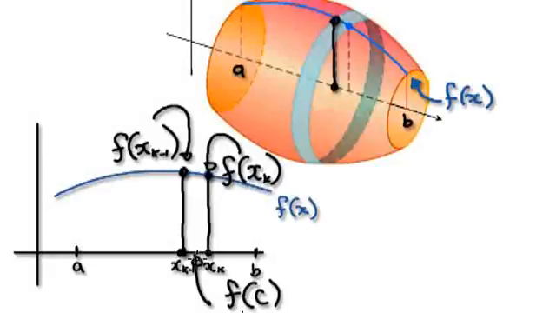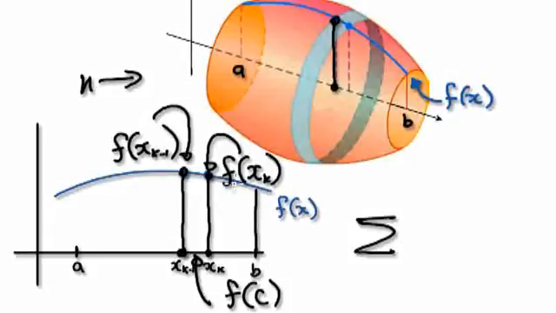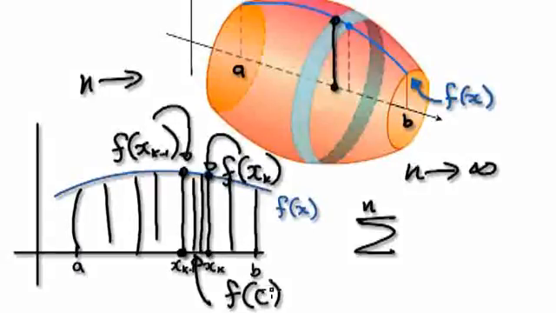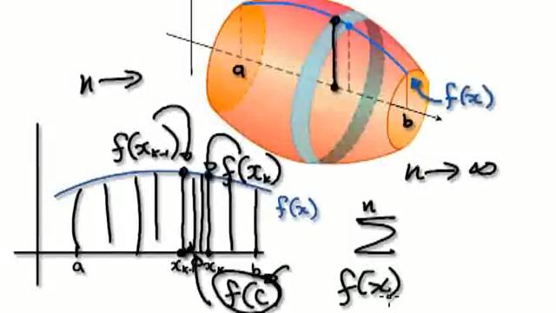There must be a c somewhere in between the two. Later on, remember, we're going to sum up all the strips, and then we're going to make n head towards infinity. As n heads towards infinity, delta x will decrease, but this f of c is always trapped in between the two. So eventually the f of c becomes f of x.